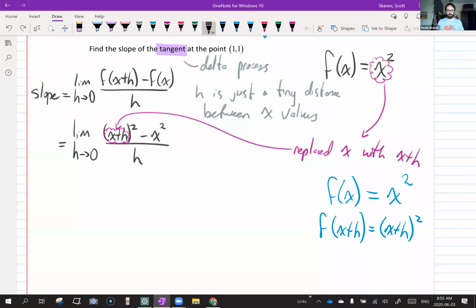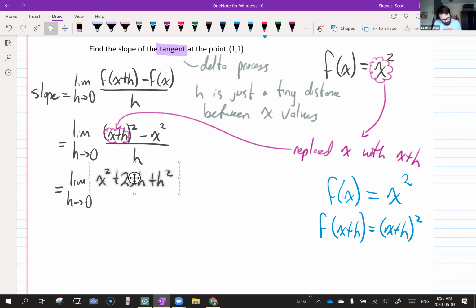I'm going to continue so you can see the algebra comes out of this. Treat x and h like regular variables now. So the limit as h approaches 0, we need to expand this piece. So it's x squared plus 2xh plus h squared. That's from the brackets.